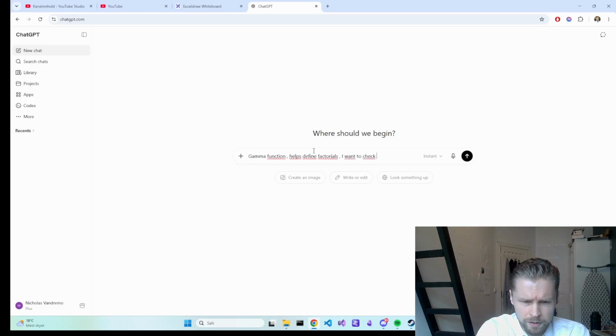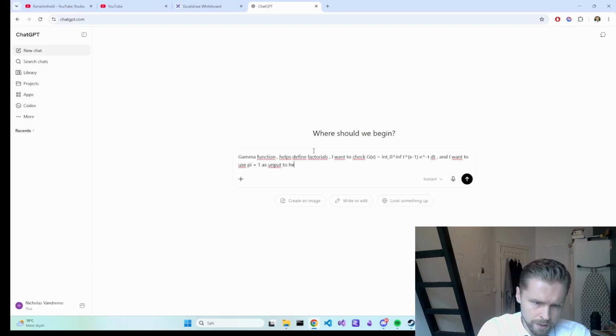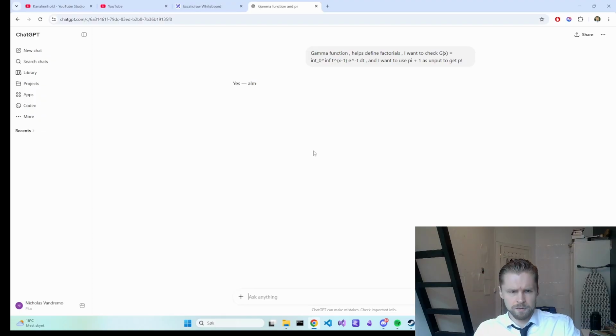I want to check gamma of x equals the integral from 0 to infinity of t raised x minus 1, and then we got e raised minus t dt, and I want to use pi plus 1 as input to get pi factorial. Hope it gets this.